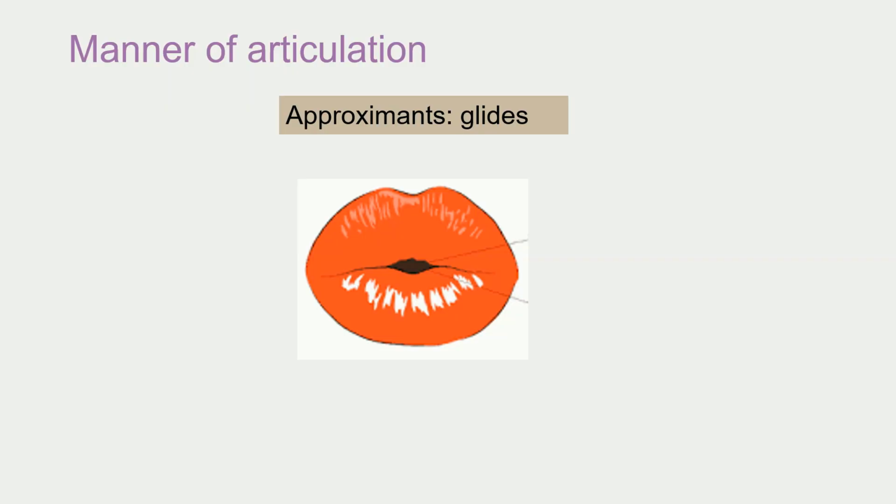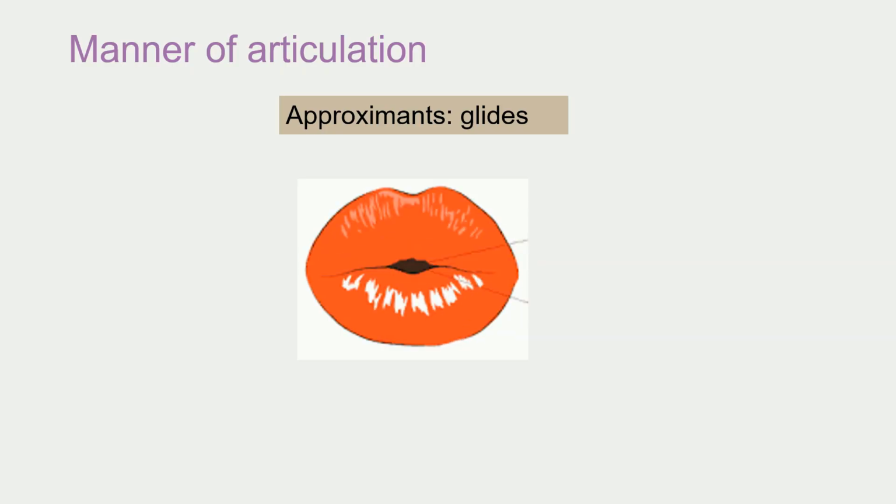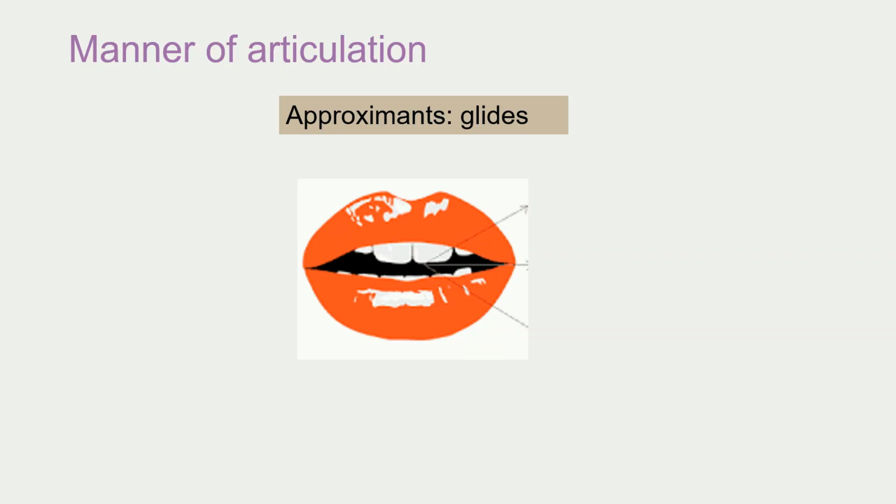But what you do with this one is you purse your lips and then bring them apart again. And what you get when you do that is a w sound. Again, it's produced by the movement of the lips, and you couldn't get the sound without moving your lips.